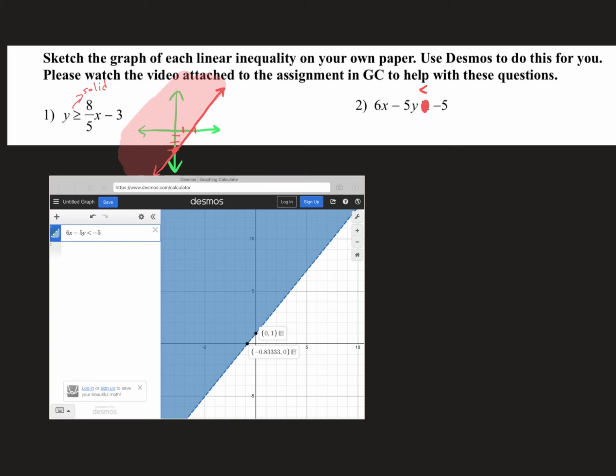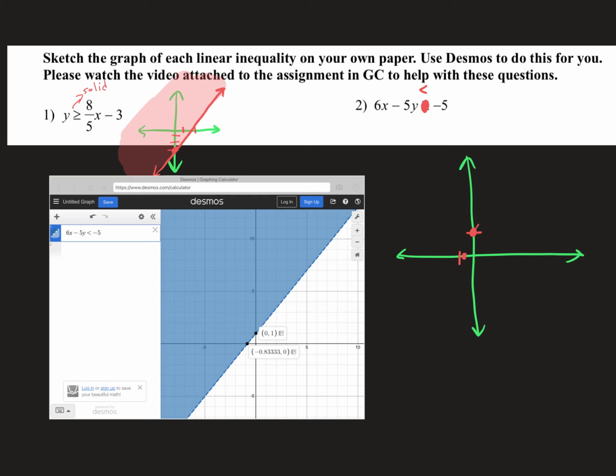Okay, now let's draw the graph. Here's my coordinate plane. I'll make it just a little bit bigger than the last one. And then I will plot 0, 1. And then I will plot -0.83, which means it's almost at -1. Put a dot there.